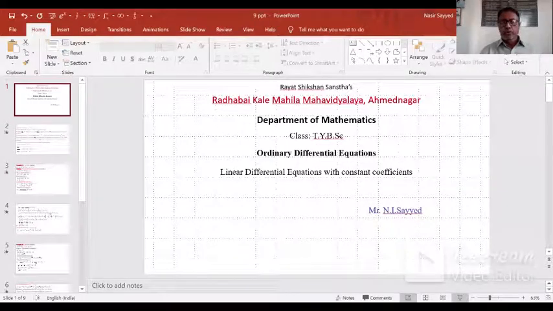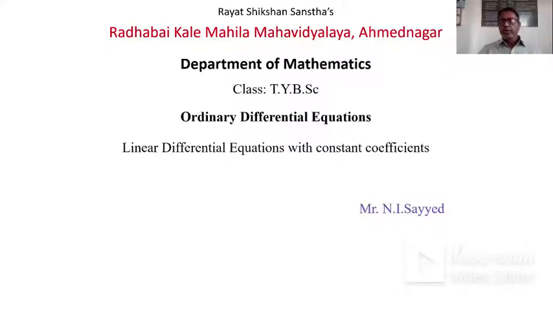Last time we have seen how to obtain the solution of a non-homogeneous linear differential equation of nth order with constant coefficients if q of x is equal to e to the power ax.